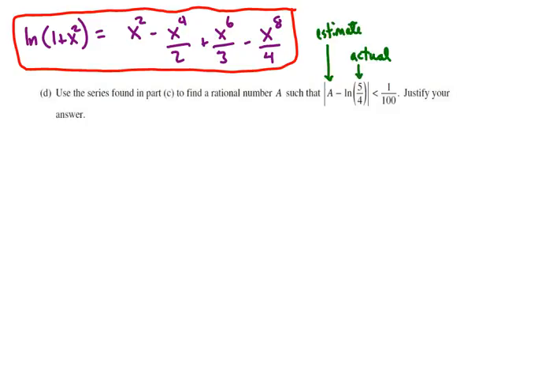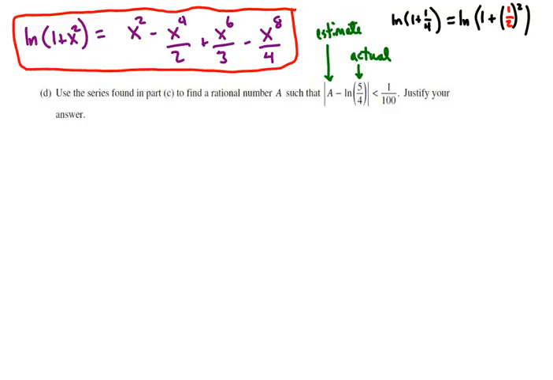So if I call a the estimate and ln of 5/4 is the actual, which is unfortunate that they used a to be the estimate, we need to find a way to write ln of 5/4 as ln of 1 plus something squared. Well, we might see first that ln of 5/4 is really ln of 1 plus 1/4, and that 1/4 is actually 1/2 quantity squared. And so that tells us in this case that our x is really 1/2. Alright, so that's going to be something that's very important here.